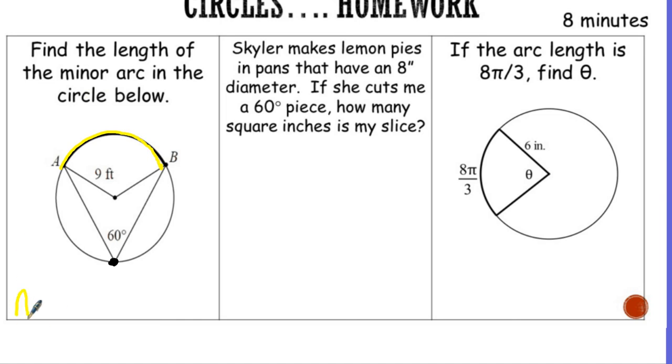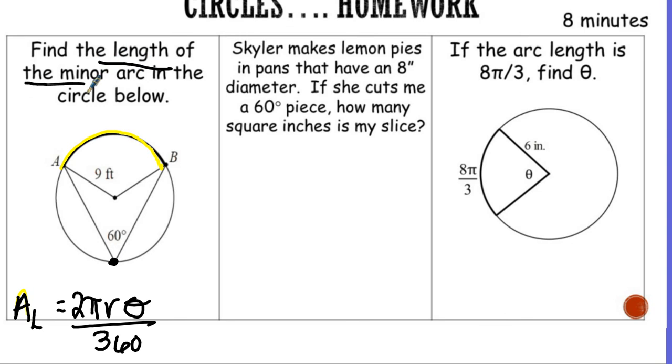So on your formula sheet, you know that arc length of a sector, and I'm going to call it AL, arc length equals pi r squared times theta. No, I'm wrong. It's 2 pi r times theta over 360 because it asked me for arc length. So it said to find the arc length.